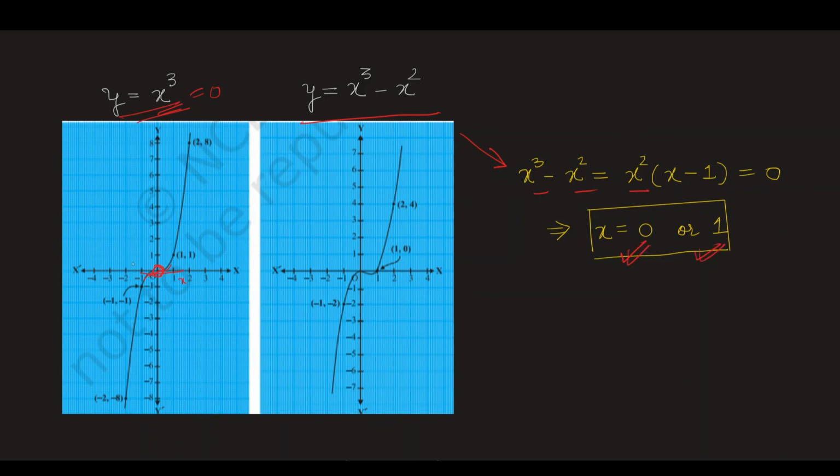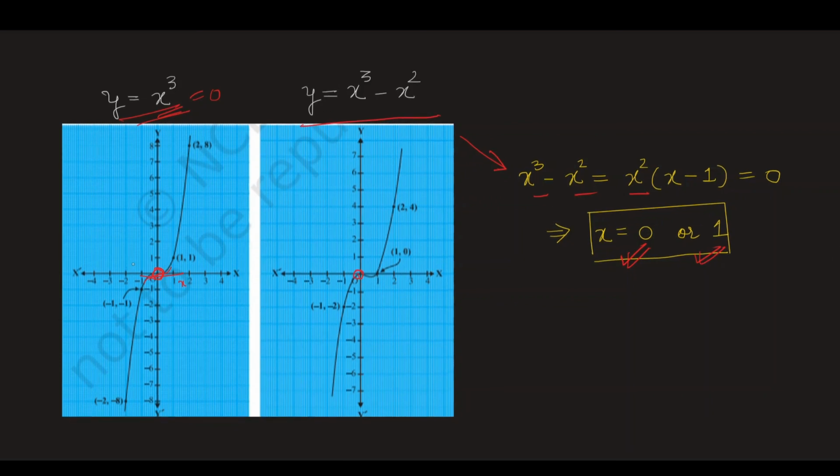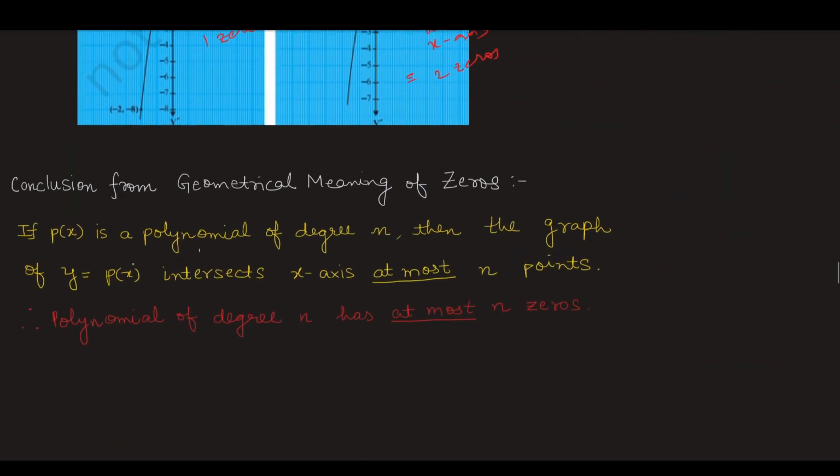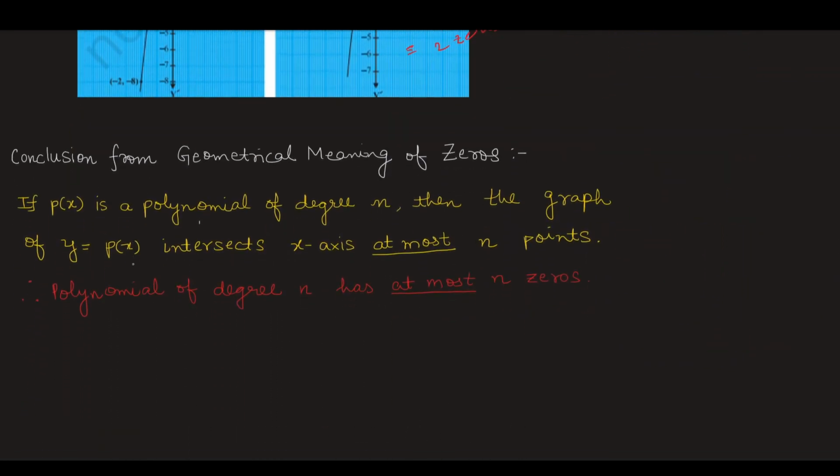What are these numbers here? These are this one and this one. So it has two intersections with the x-axis, that is, it has two zeros. Now see why we have learned this geometrical meaning of zeros.